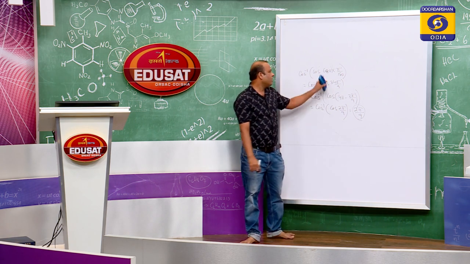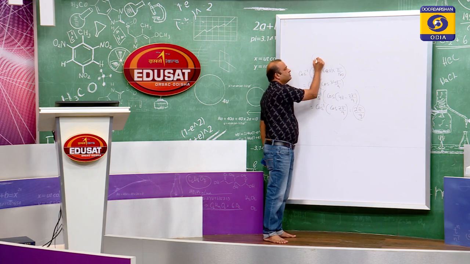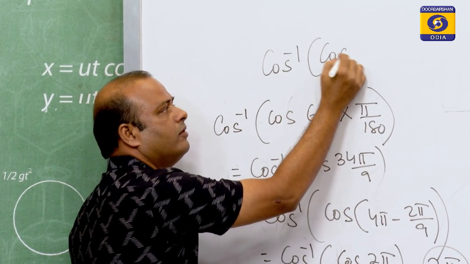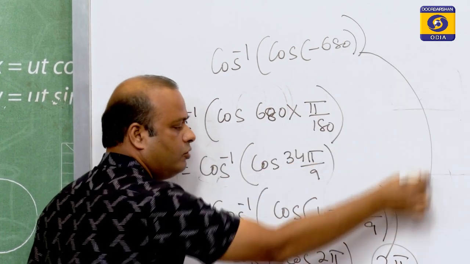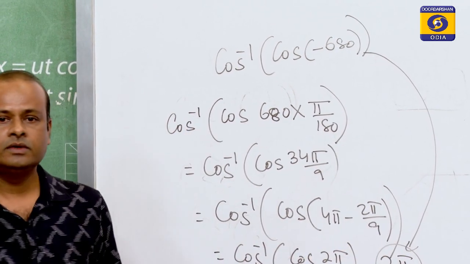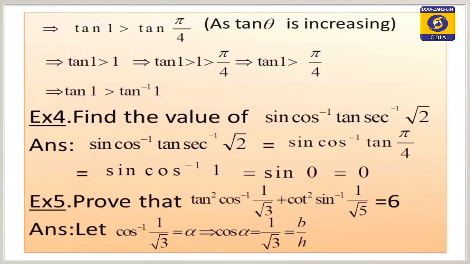So now the value of cos inverse cos of minus 680 degrees is 2 pi by 9. So next one is, which is greater, tan 1 or tan inverse 1?